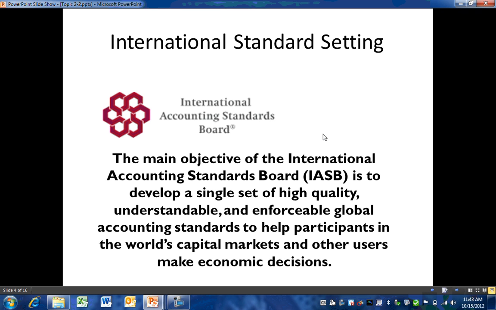Whether we ever have one set of standards is yet to be seen, but certainly there is a movement to make sure that as new pronouncements come out, the comparability between international standards and US standards are there.